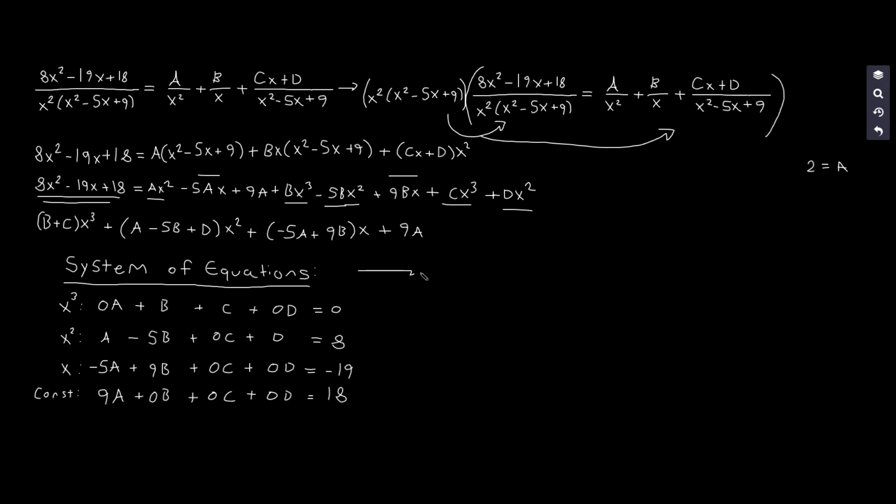So then if we wanted to write this as a matrix, this is a 4 by 5 matrix. 0, 1, 1, 0, 0.